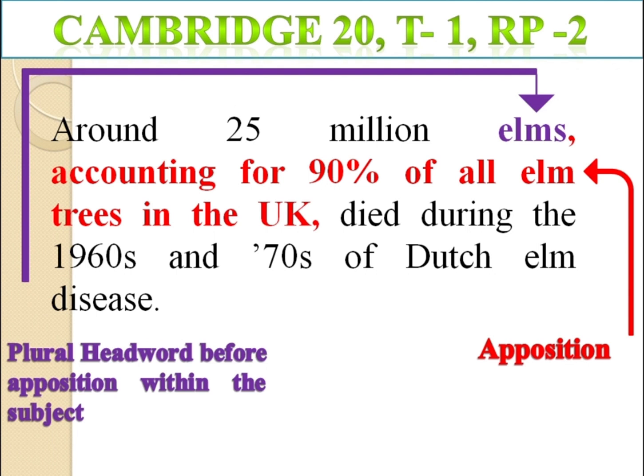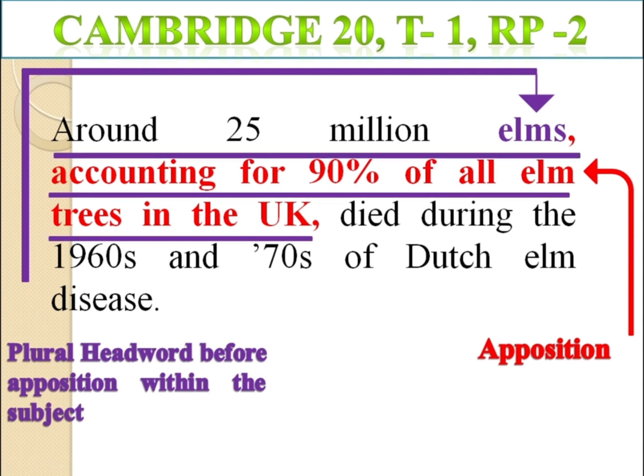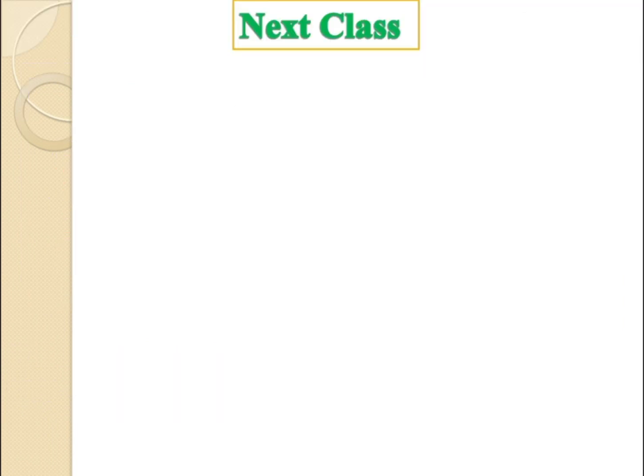Here we see the apposition. The apposition is between the two commas. The first comma is after elms and the second comma is after UK. So the complete subject is here: around 25 million elms, accounting for 90% of all elm trees in the UK.